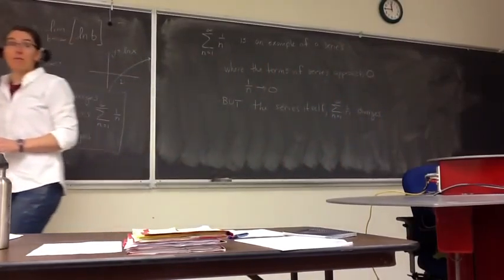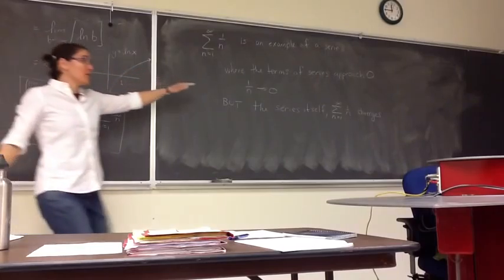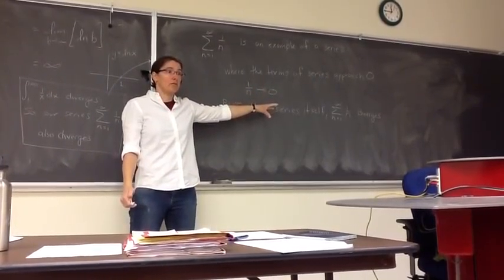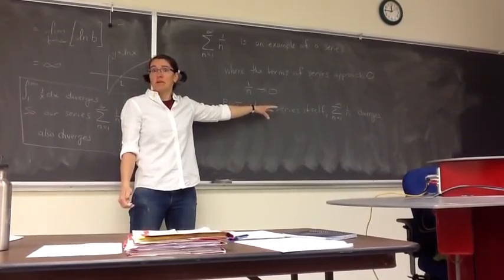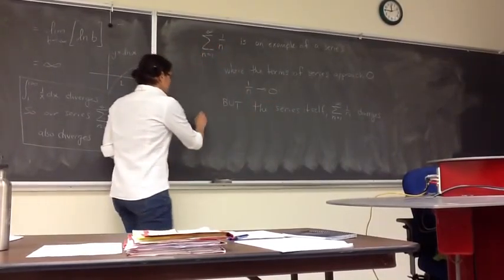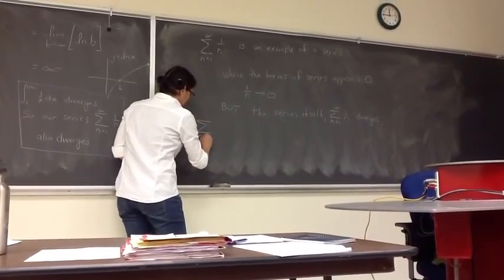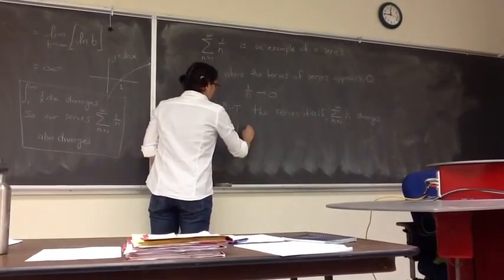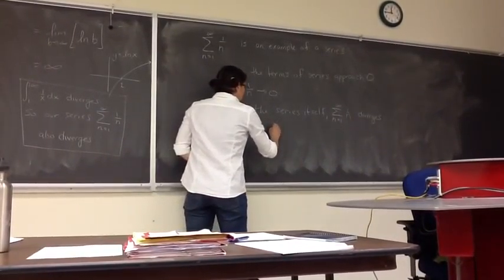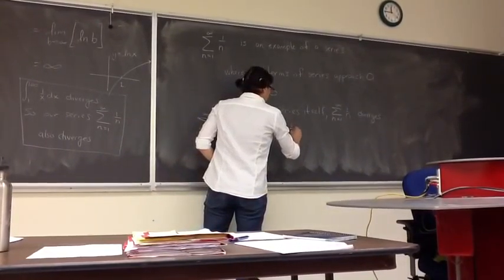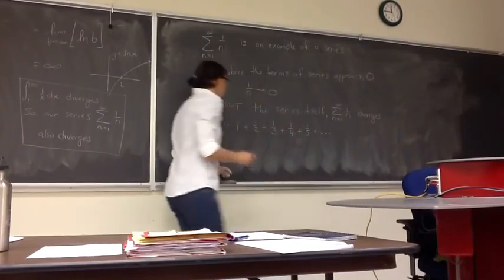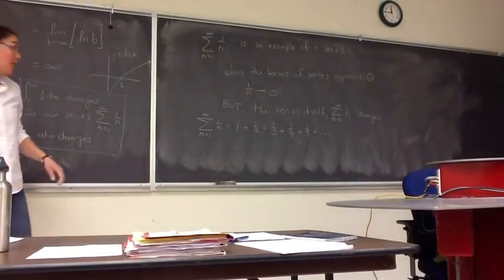So this is an example where the terms of the series do go to 0, but when we add up all the terms, we get infinity. And this particular series, this exact series, the sum where n goes from 1 up to infinity of 1 over n, which if we write it out is 1 plus 1/2 plus 1/3 plus 1/4 plus 1/5 plus etc. This series has a name, and it's called the harmonic series.